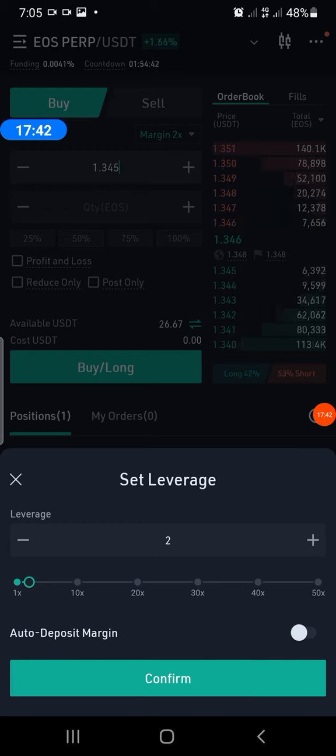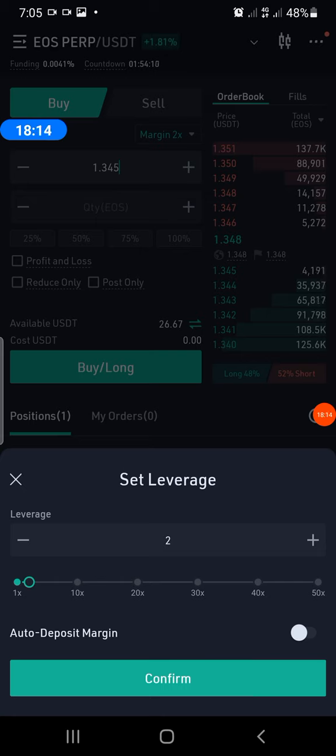Example, when you are trading using $20, like I said, this is futures. When you are trading using $20 and you select a 2x leverage, what it actually means is that you will be trading using borrowed funds. You use your initial $20 as collateral, and the exchange will give you 2 times your $20, which is $40.